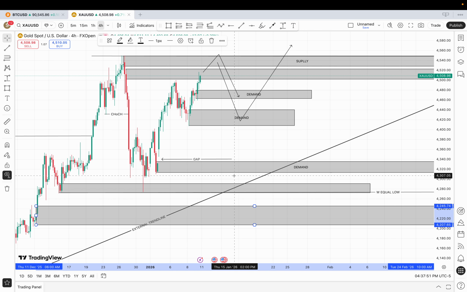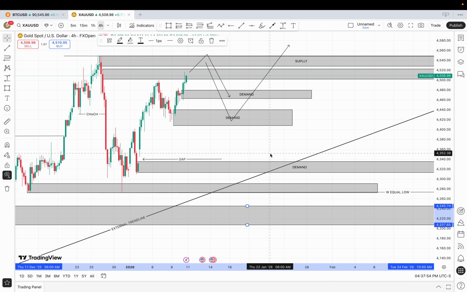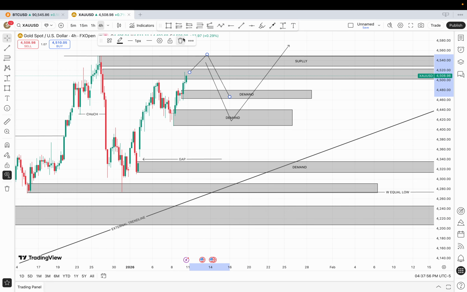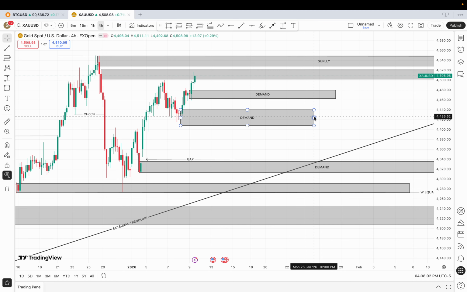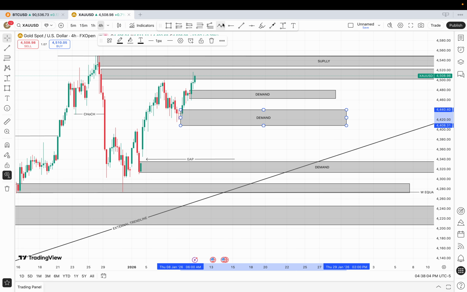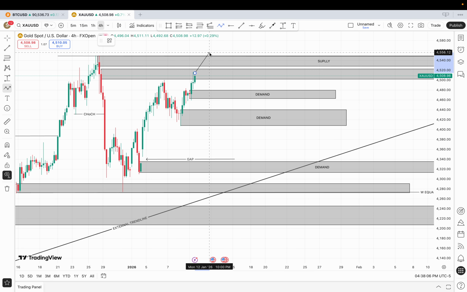So now we have to wait to see if the market does this, then this. So now we're going to apply the rules here. If the market comes here, we start seeing in the supply a lower low, higher low in a smaller time frame.